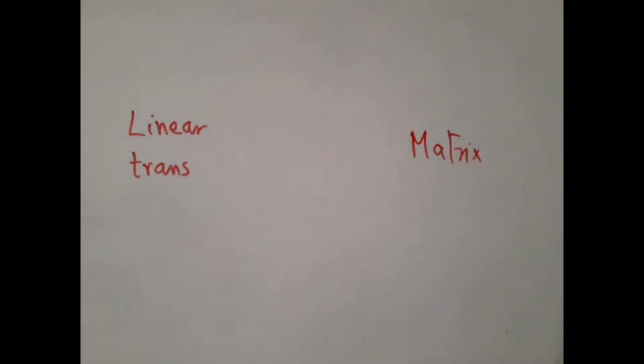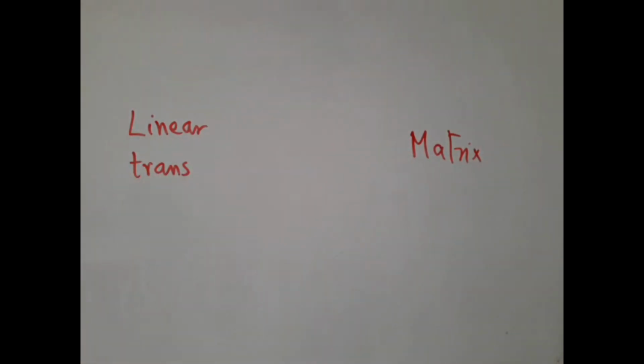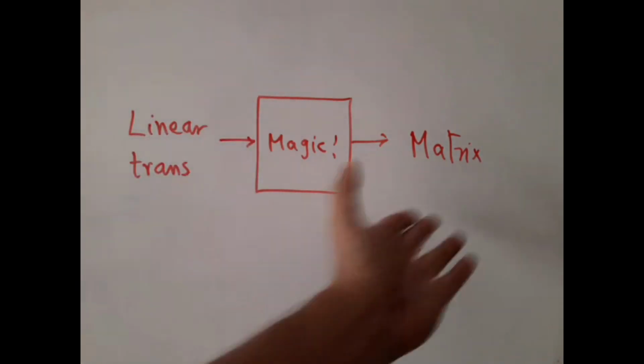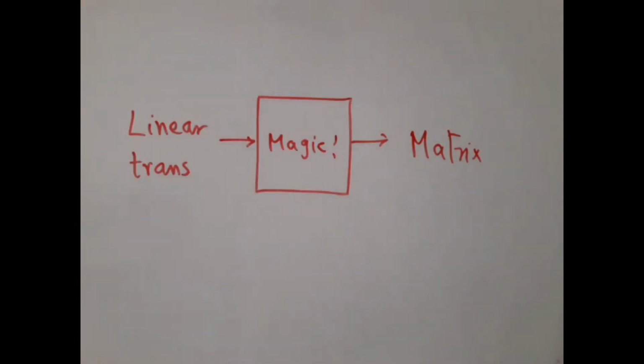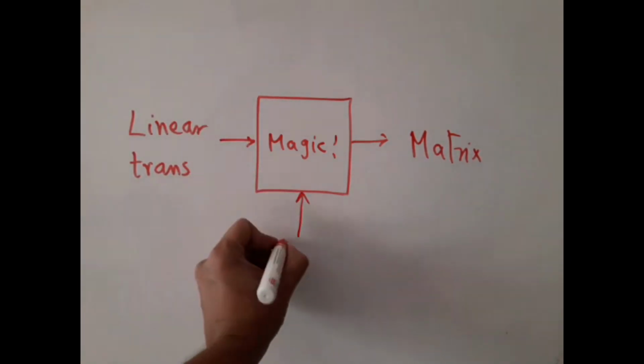So you can think that if someone gives you a linear transformation, you immediately get a matrix representation of that, as if there is a magic black box into which you fit the linear transformation and out comes a matrix representing that linear transformation. Now, in order for this magic to work, you have to put something else in it, namely that something else is a basis.